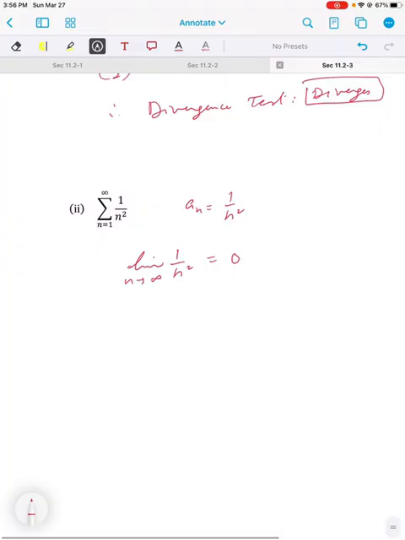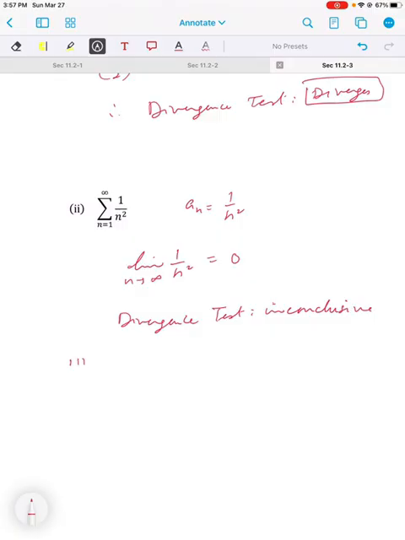So by the divergence test, and you must state the name of the test, we cannot say anything, so we say inconclusive. So we don't know yet whether the series converges or diverges. This is how we will be using the divergence test.